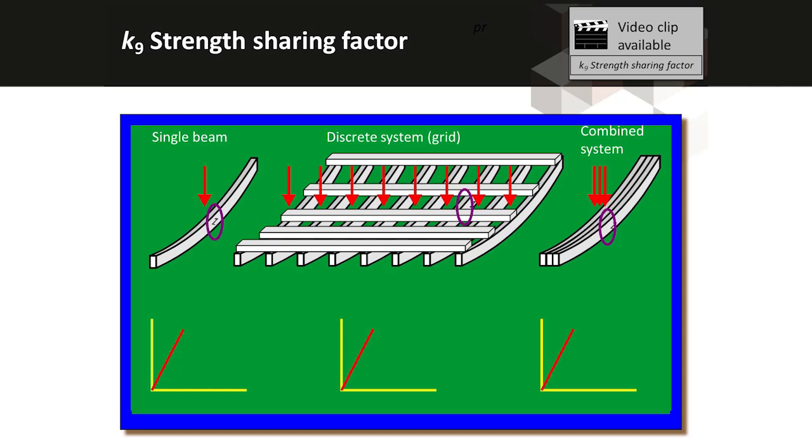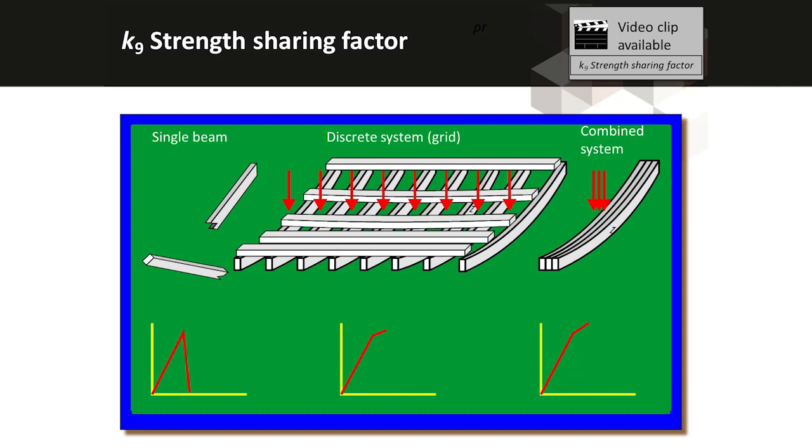In the single beam, that's the end of the road. There is no extra load that it can carry, and so at that point, that member has failed. But in the other 2 systems, its neighbours can pick up some of the load, so that in this notional experiment, the load actually increases beyond that point where the first element starts to fail.